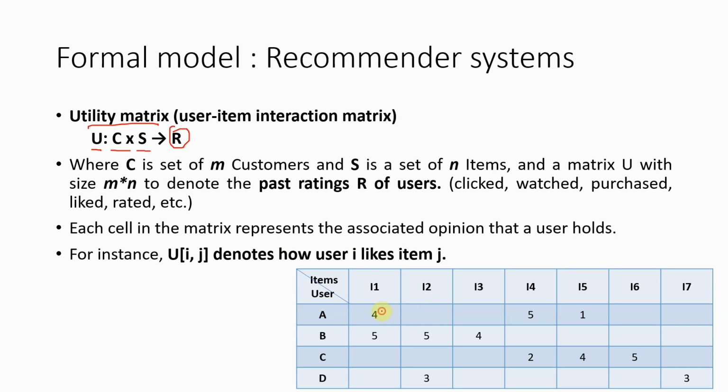For instance, U of I comma J denotes how much user A likes item J. For example, here the value 4 represents that user A rated item I1 with a rating of 4. That is, he likes that particular product the most. And here some of the cells are empty, which represents that user A didn't purchase this particular product, item 2 and item 3.